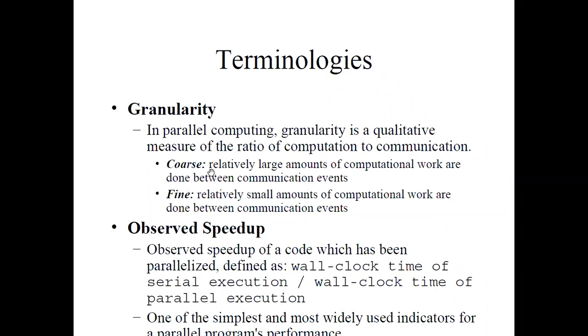Coarse means a large amount of computational work can be done between the communication events, so more work can be done. Whereas fine granularity means a small amount of computational work will be done between the communication events. So there are these two types of granularities, coarse and fine.